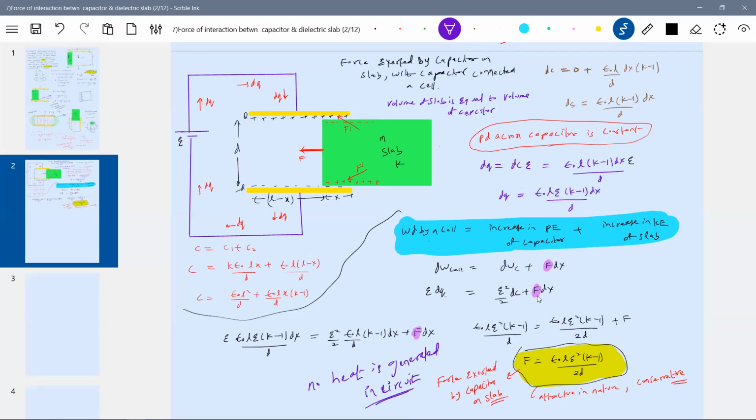So in a capacitor circuit, when a cell supplies energy, heat need not be generated; maybe it has to be, but not always. That's what I am trying to conclude here. Anybody having doubts, you can clarify.